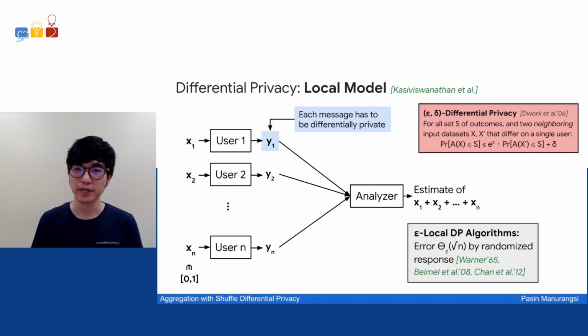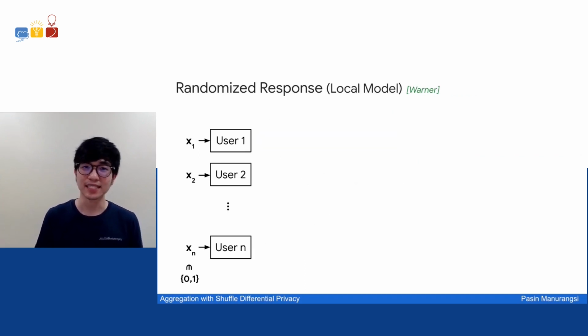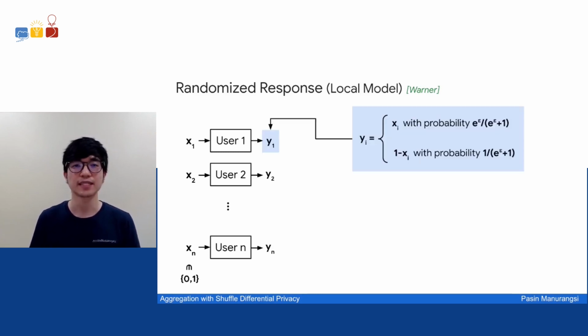And what is this algorithm? This is a classic algorithm called randomized response, and it works as follows. Each user, instead of just sending its own input directly, flips a coin and sends its own input xi with a certain probability e to the epsilon over e to the epsilon plus 1.